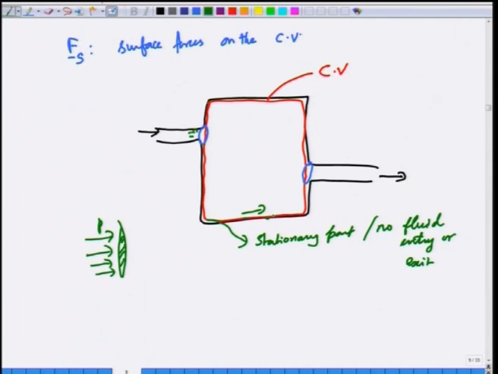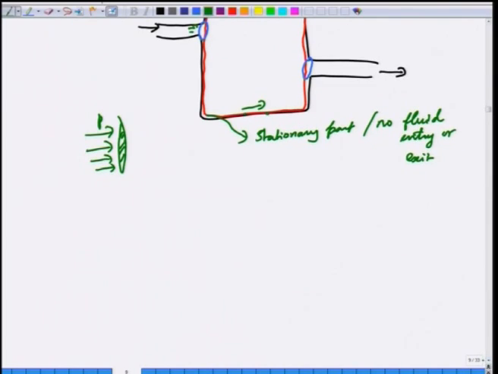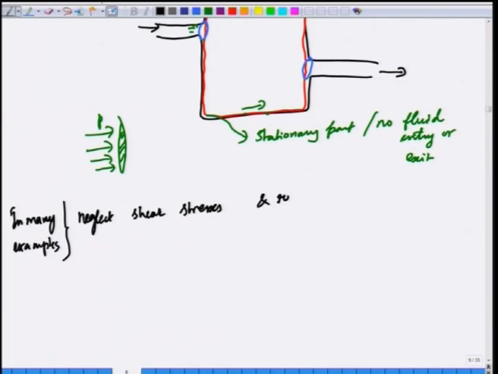Both these surface forces are in fact possible, but in many simple problems and examples, it turns out that we neglect shear stresses and retain only the pressure forces.